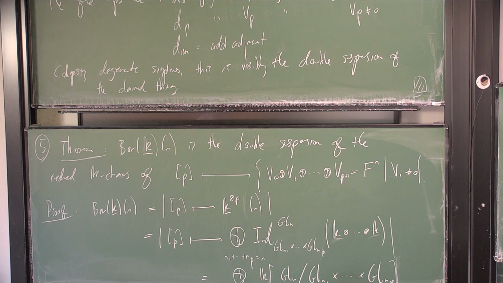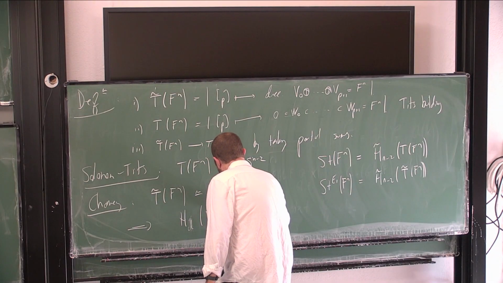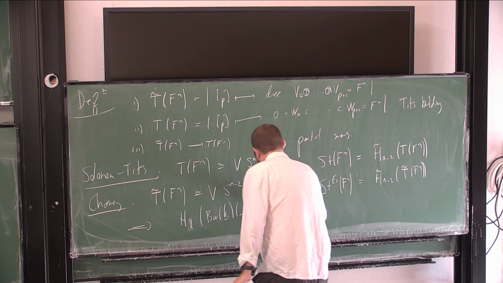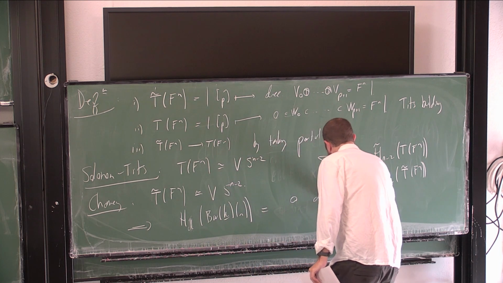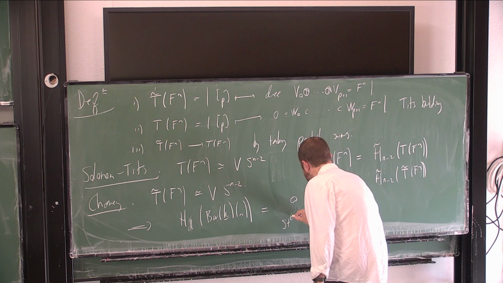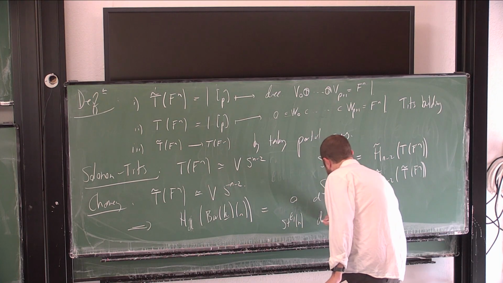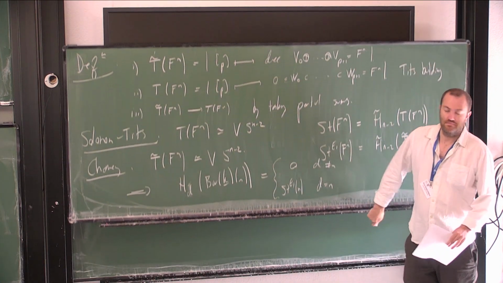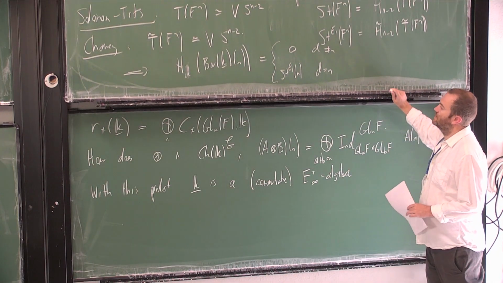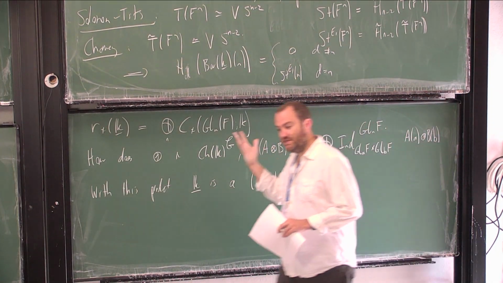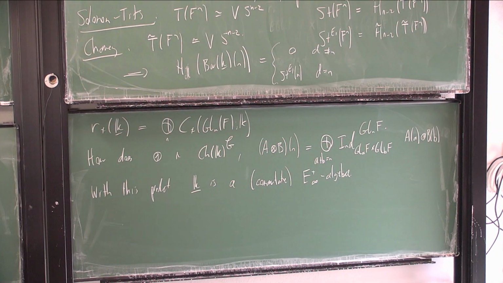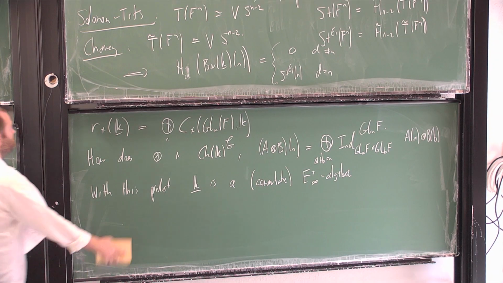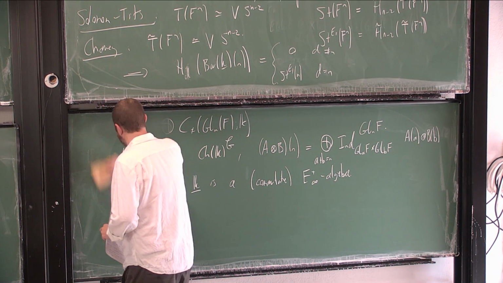So H_d of this bar k_n is 0 if d is not n, and it's the split Steinberg module if d is n. Okay, the split Steinberg module is a name for something, but we don't know anything about it. But it's the only homology group of this bar construction.